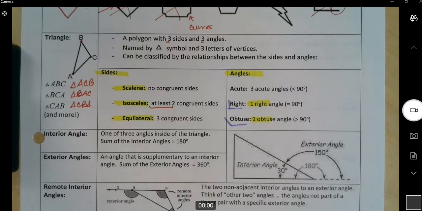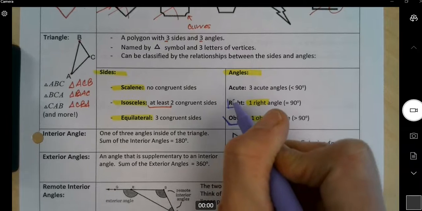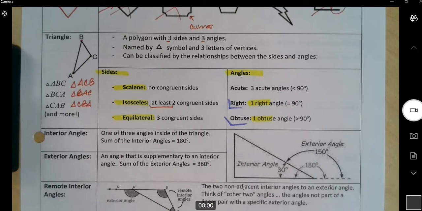I can't have 2 right angles because then I don't have any degrees left for my third angle. See what I mean? I can't have 2 obtuse angles because I can't have 2 angles worth more than 90 degrees. So just having 1 obtuse angle, 1 right angle is enough to classify that.